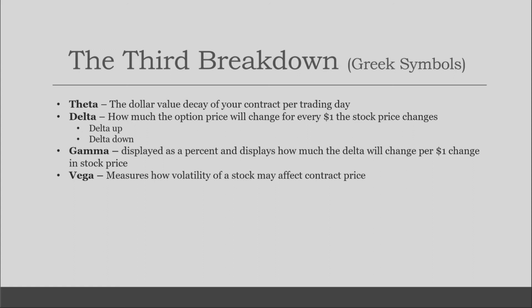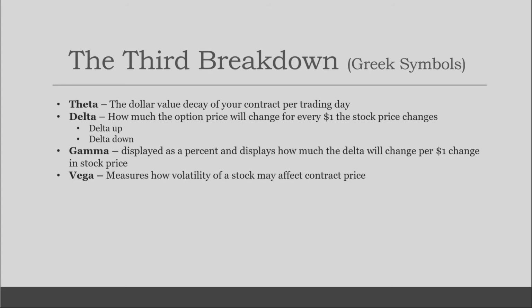Theta represents the dollar value decay of your contract per trading day. So for every trading day you hold your contract, there is a decay involved, and that is represented by the theta. Delta, on the other hand, represents how much the option price will change for every $1 the stock price changes.